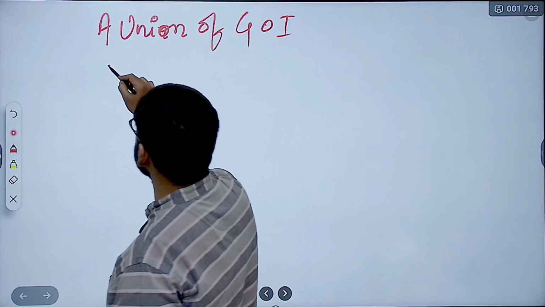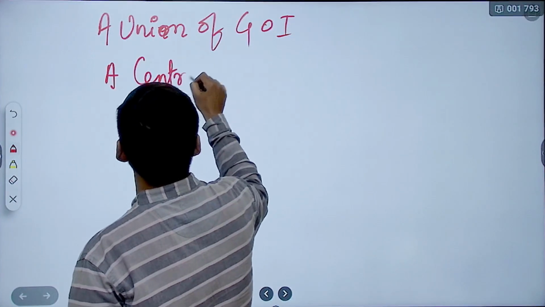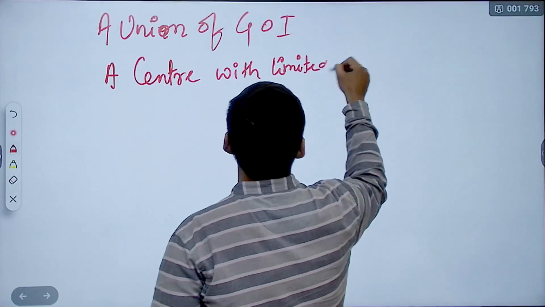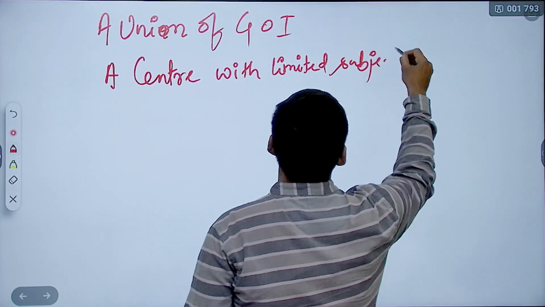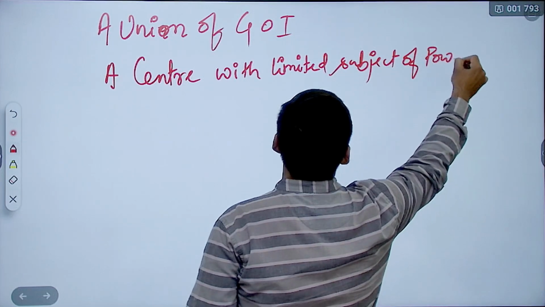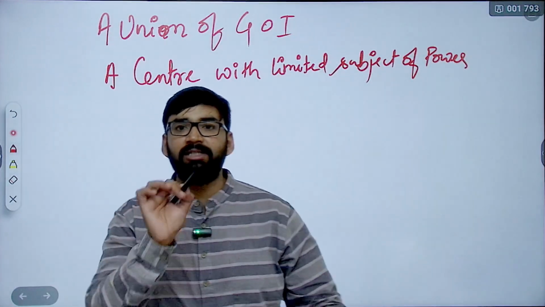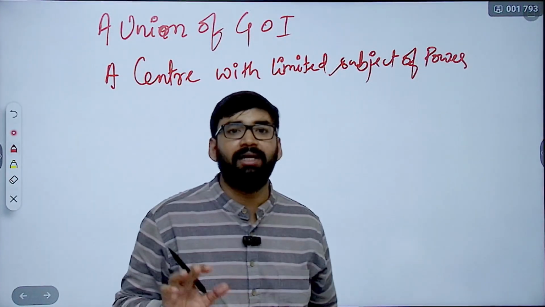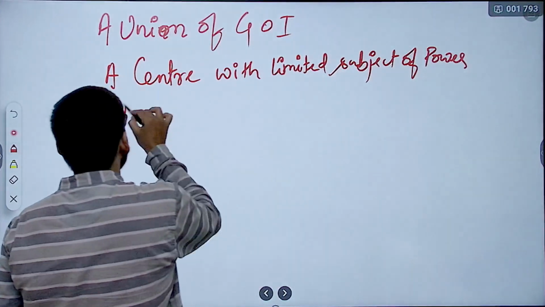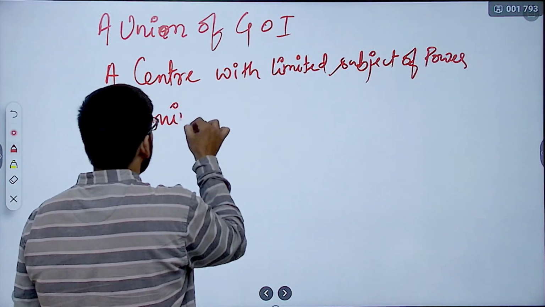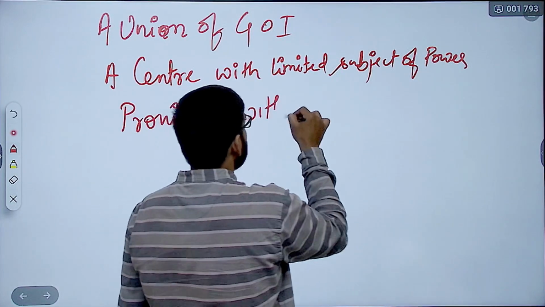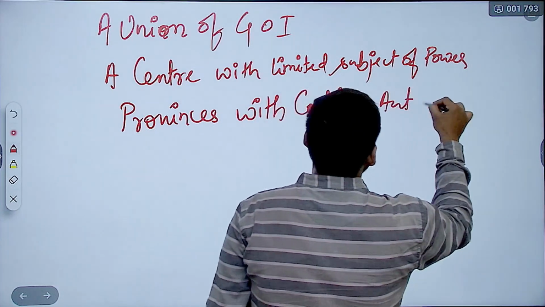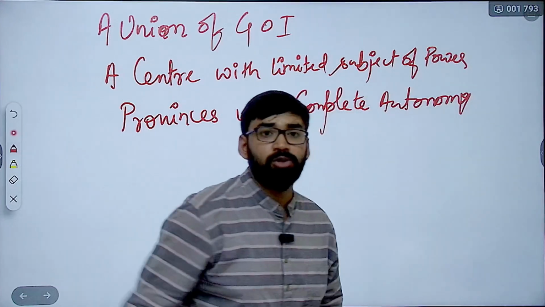Then a center with limited subjects of power, like defense, करेंसी, कम्युनिकेशन, इसकी पावर होगी सेंटर के पास. देन प्रोविंसेस विद कंप्लीट ऑटोनॉमी, provinces with complete autonomy, this was also there.